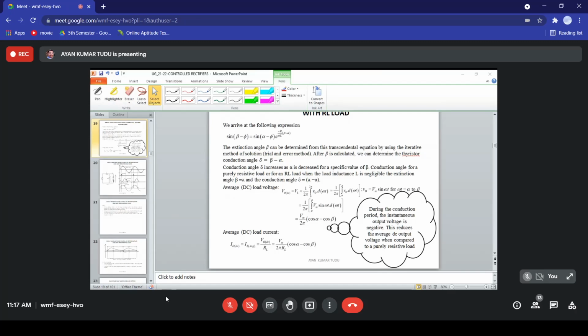Again, we can find the average load current, equal to VDC by RL, that is Vm by 2 pi RL into cos alpha minus cos beta.